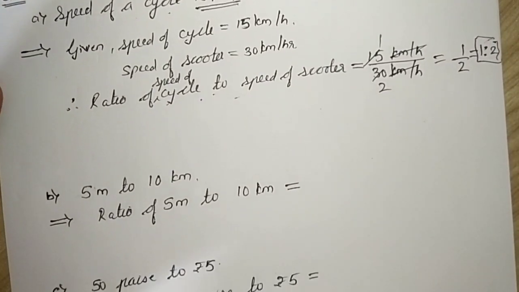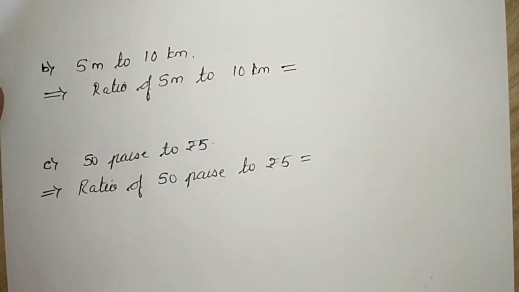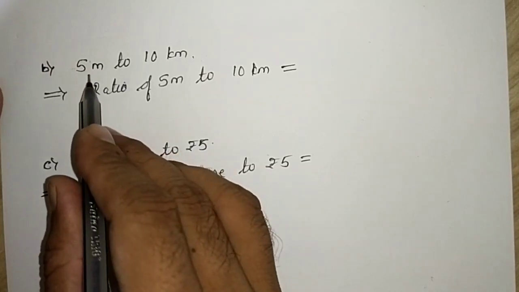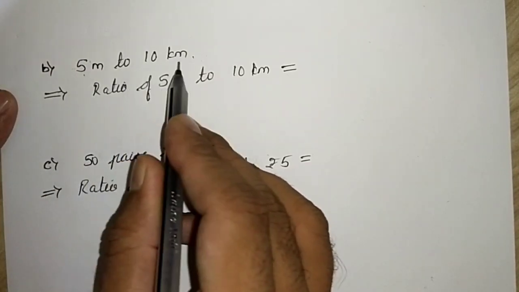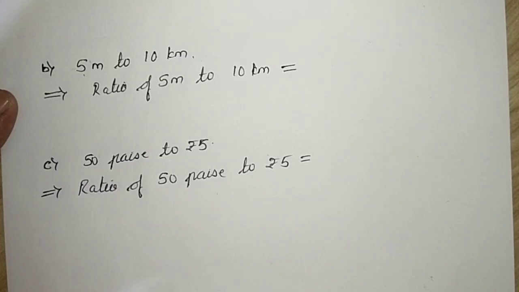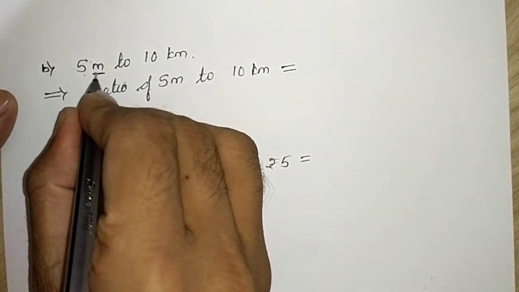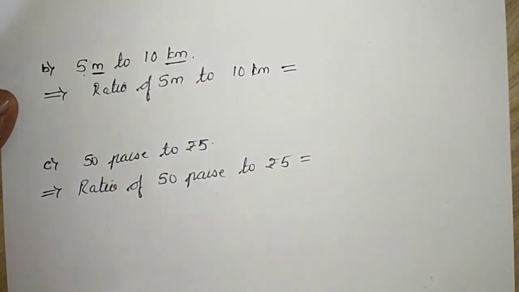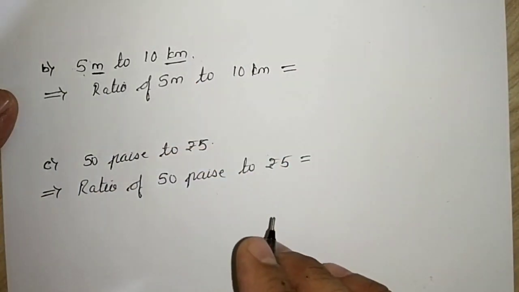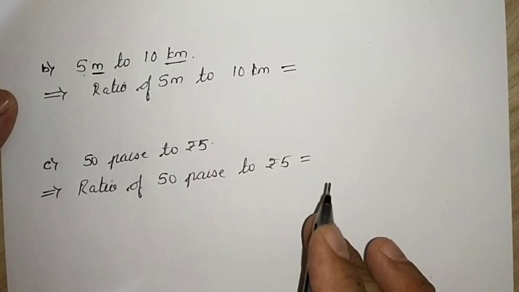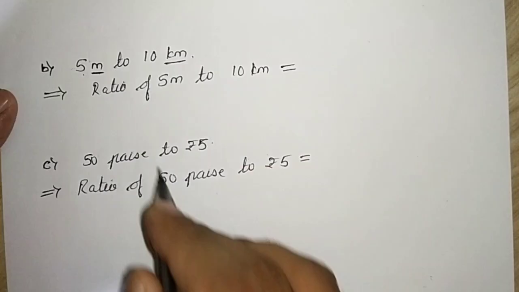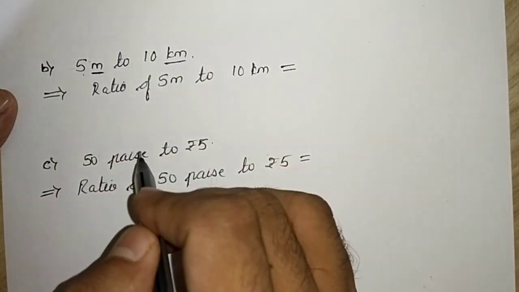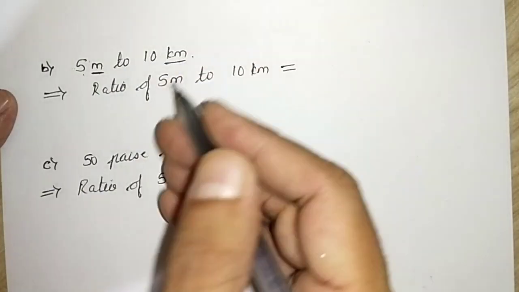Now moving forward, we want to find the ratio of 5 meter to 10 kilometer. I have told you before, here it is meter and here it is kilometer. So we will convert one of them to meter. This I will convert into meter because it will be easy, and then find the ratio.